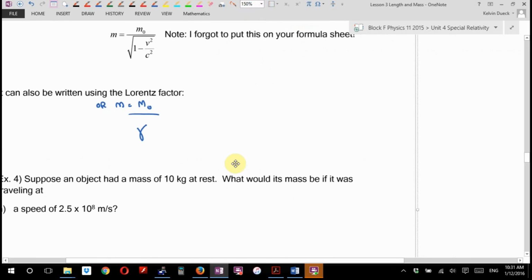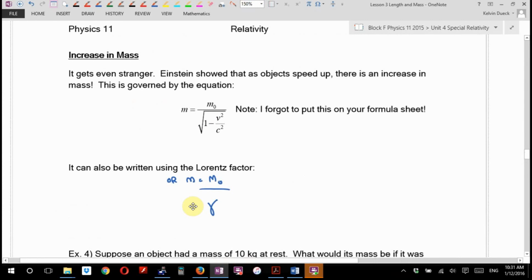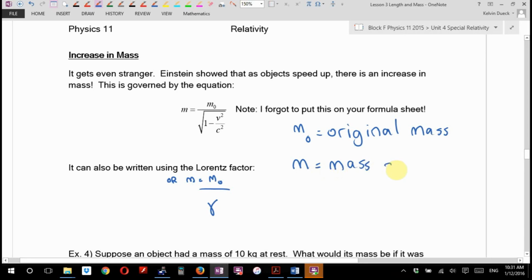Where m0 equals original mass, m equals mass of moving object. So again, just like with length, m0 is not the object that's moving, m0 is original.